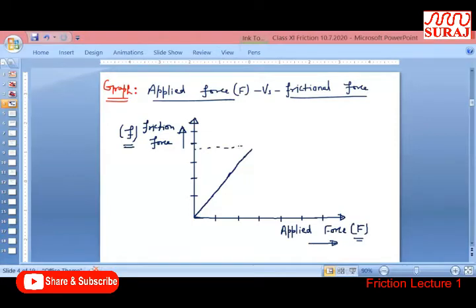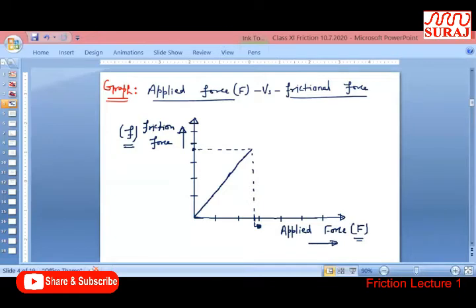Then a situation comes when the block is about to move. What does it mean when the block is about to move? Suppose at this value of applied force, any value, 10 Newton, 15 Newton, when I increase the applied force slightly beyond this value, the block will start moving.